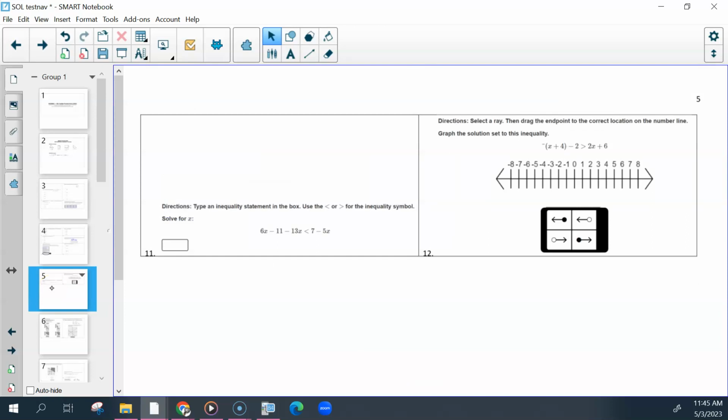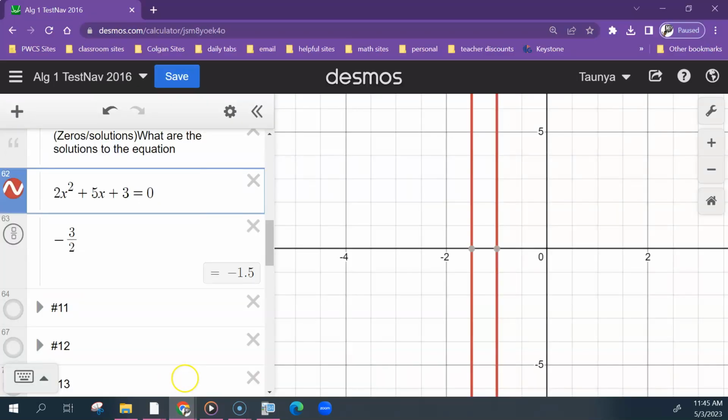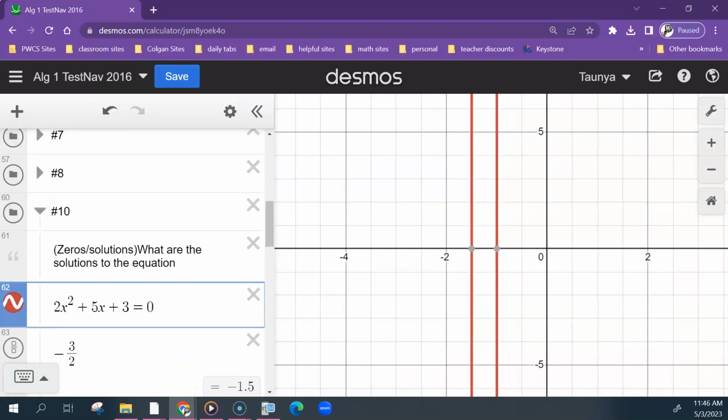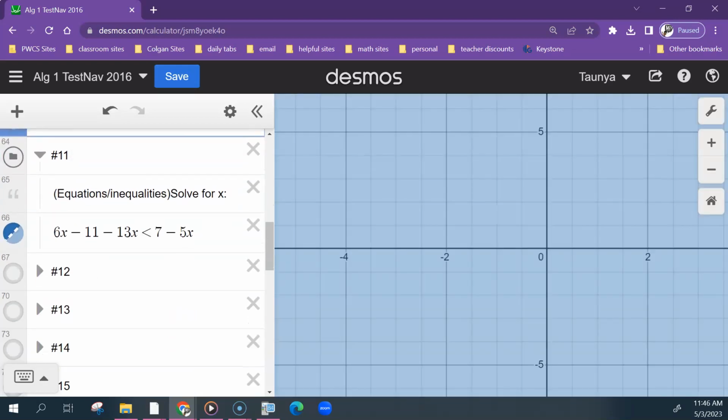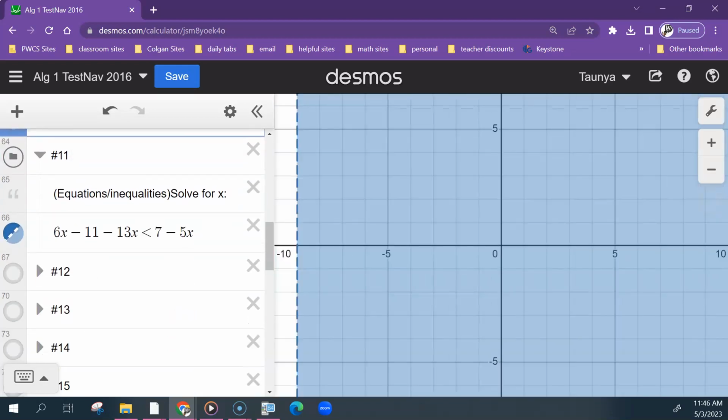As I mentioned earlier, all of your equations and inequalities can be done on desmos. So if you type in all of this, it's gonna shade whatever the answer is for you. This is a dashed line, so it has to be less than or greater than.